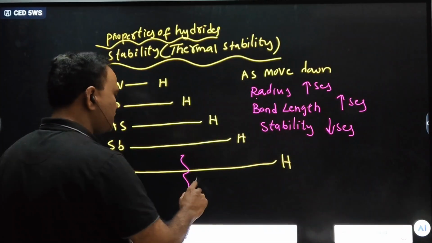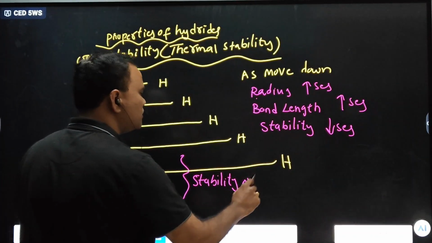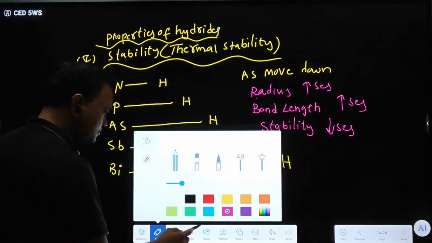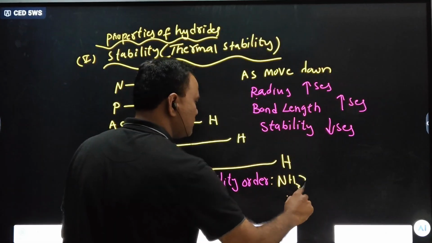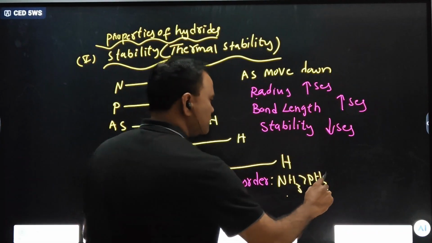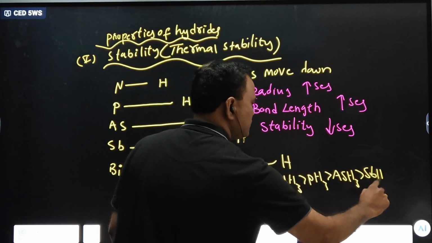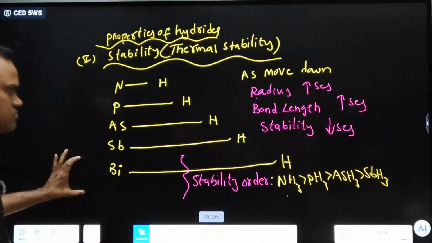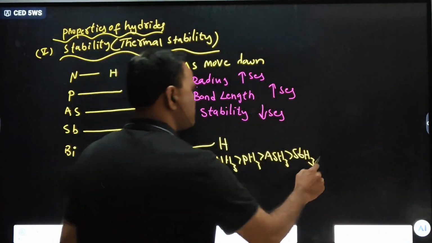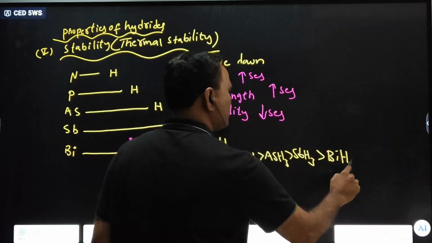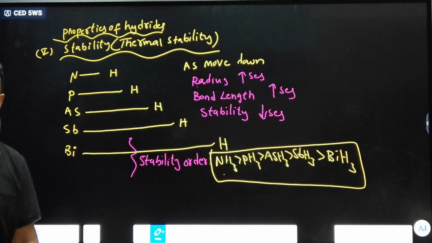So the stability order: NH3, PH3, and so on.